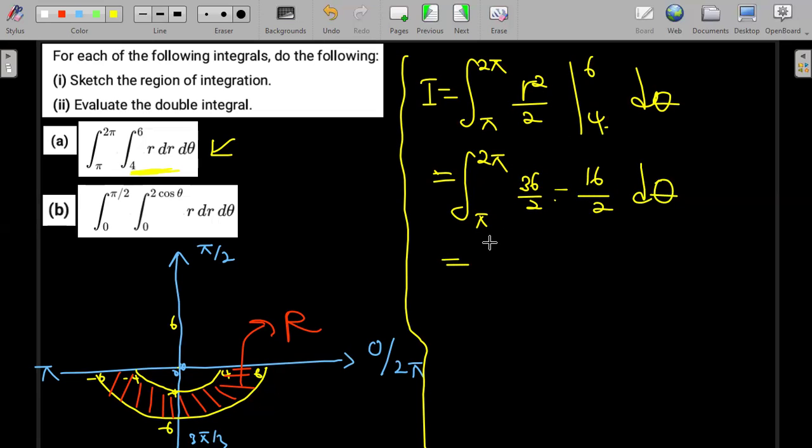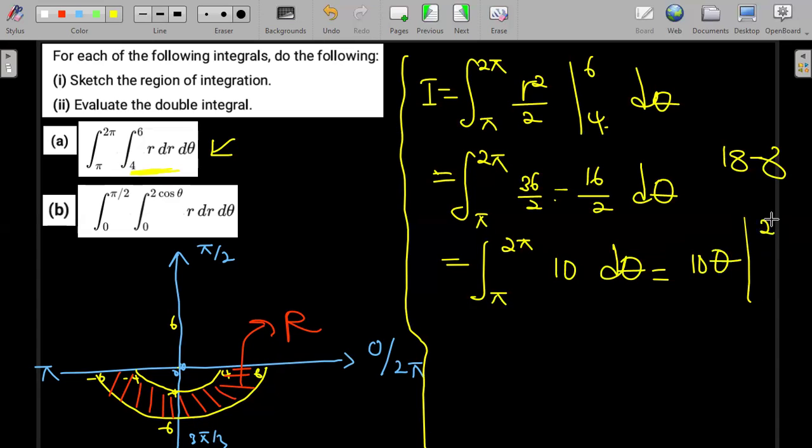So this is just going to be equal to the integral from pi to 2 pi. 36 divided by 2 gives me 18, minus 16 divided by 2 gives me 8, so I have 10 d theta. When I integrate 10 with respect to theta, I get 10 theta, with limits pi to 2 pi.